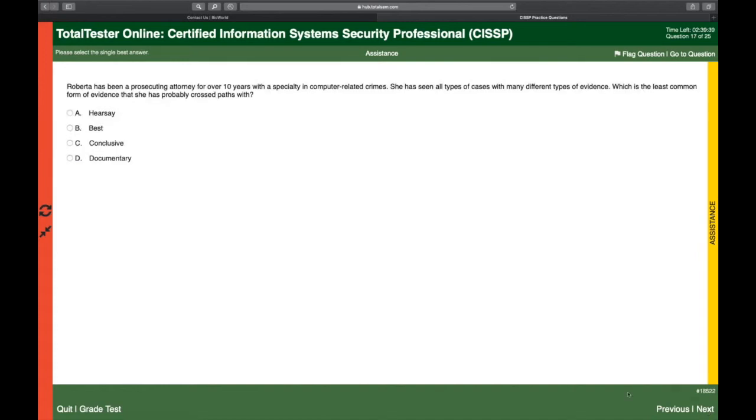Number 17, Roberta has been a prosecuting attorney for over 10 years with a specialty in computer-related crimes. She has seen all types of cases with many different types of evidence. Which is the least common form of evidence that she has probably crossed paths with? I think we've seen this one before.